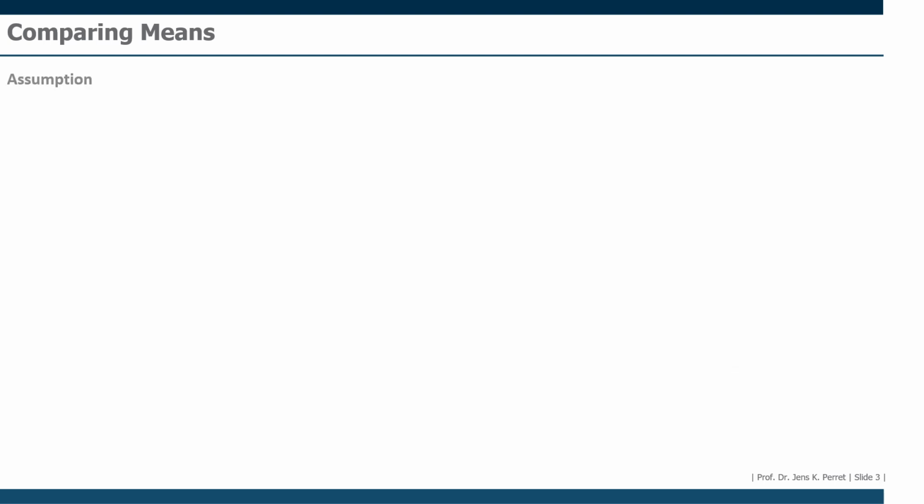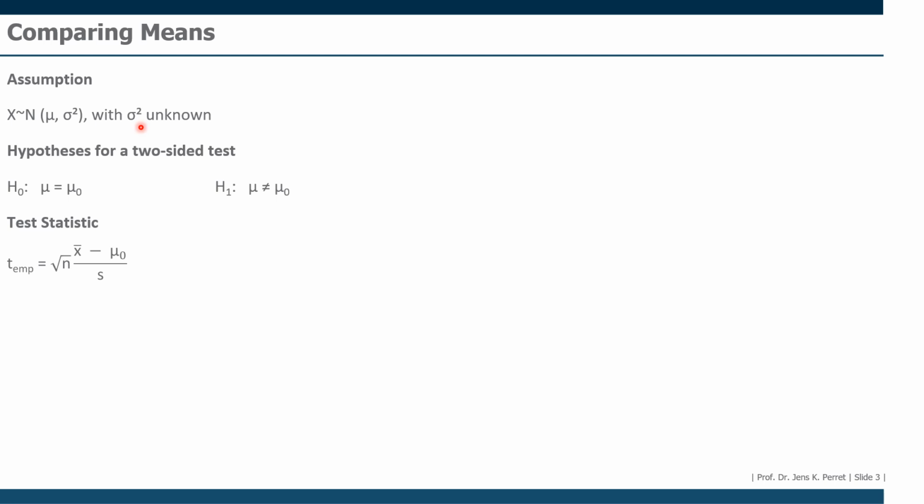Let's now turn to the t-test. With the t-test, we also have normally distributed data, but our variance or standard deviation is unknown. We have to calculate this first. The hypotheses, however, look pretty similar to what we already had before. And also the test statistic looks quite familiar.